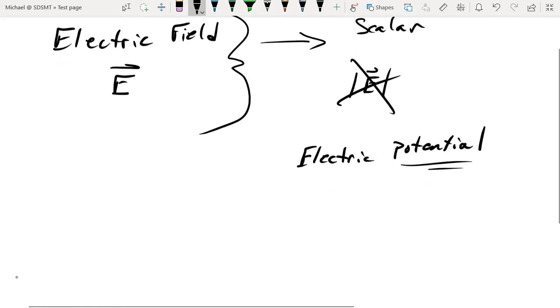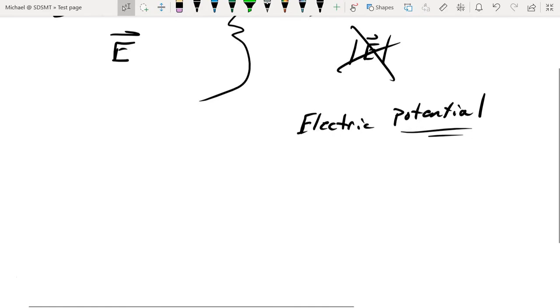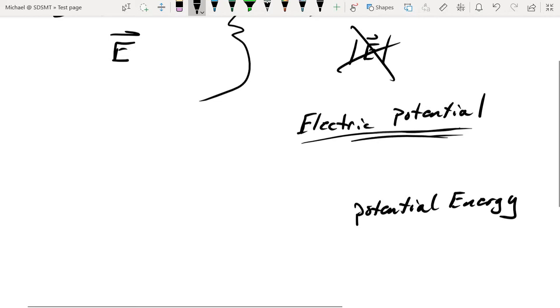And the word there, potential, is something that we have all heard before. Specifically back in Physics 1, we had potential energy. And as much as we might be tempted to think that this is going to be a potential energy term, it is not.